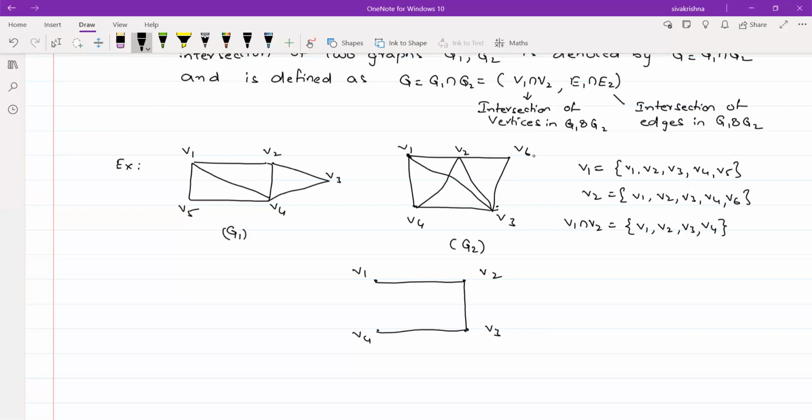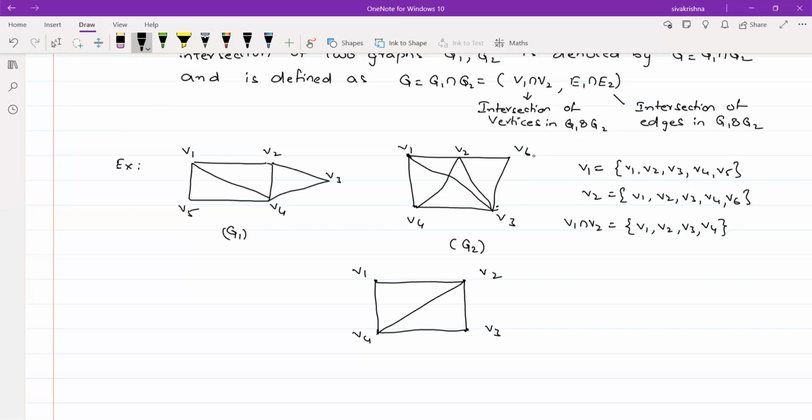And also we are having an edge from V1 to V4 in both the graphs, so we can draw an edge from V1 to V4 in the intersection. Once again, if you look at both the graphs, there is an edge in common from V2 to V4, so we can draw an edge from V2 to V4.